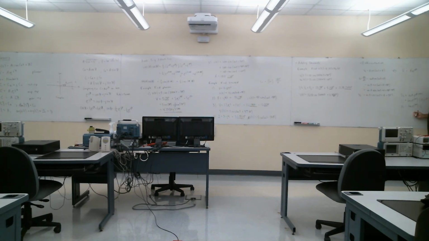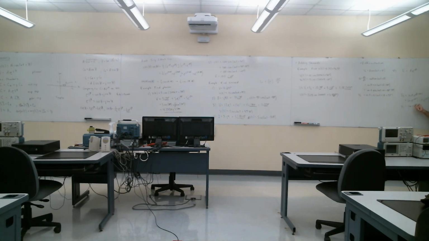Now what's e to the j 90 degrees? That has a length of 1, but what's e to the j 90 degrees in rectangular form? All the e to the j thetas have a length of 1, so they're on what we call the unit circle.